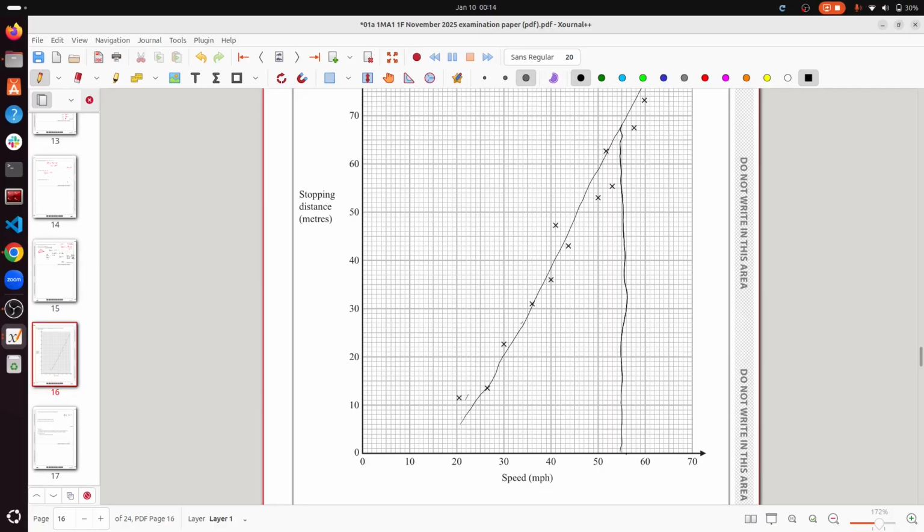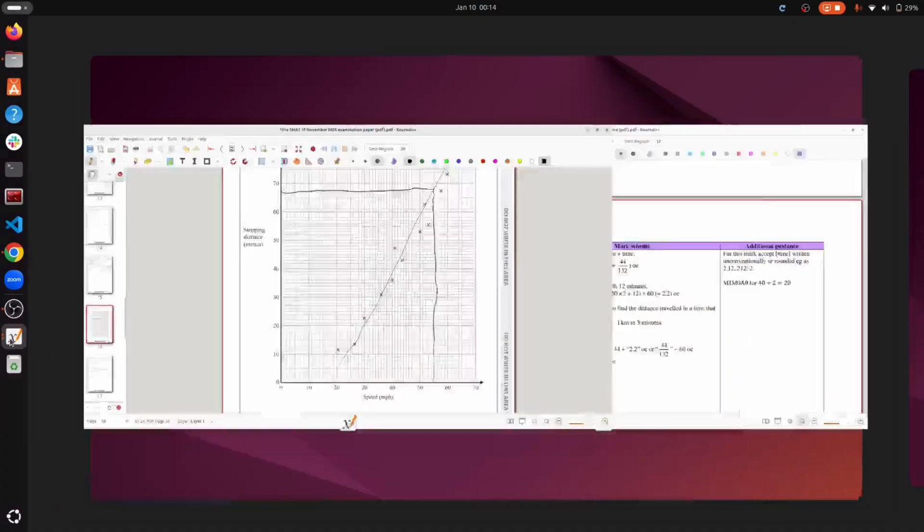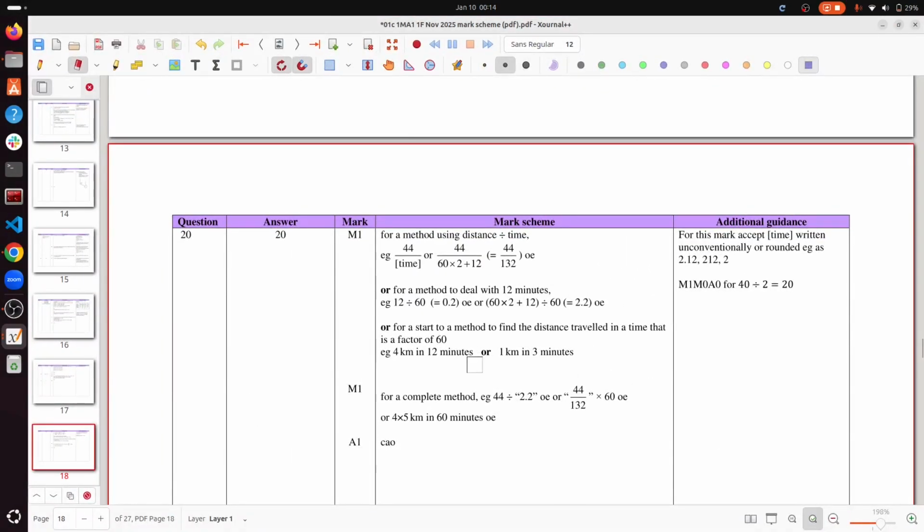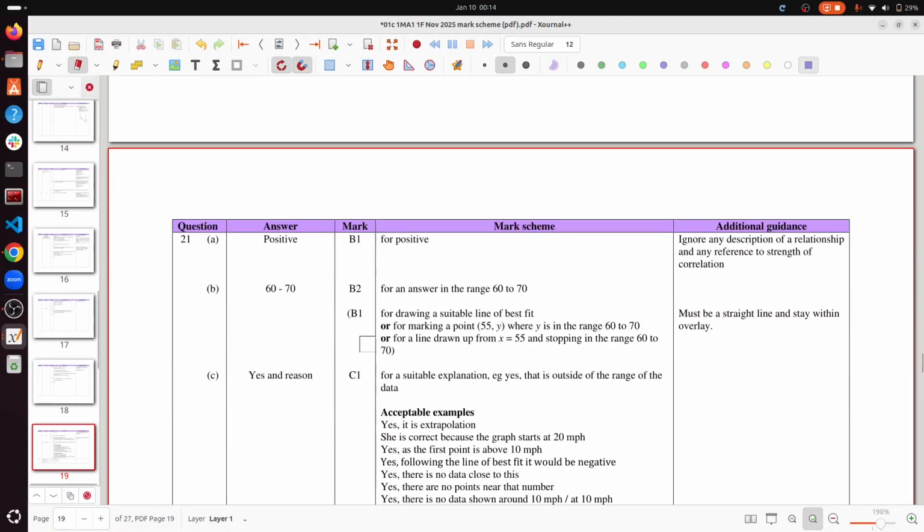Wherever point you use there, draw it back. So about 68. But for questions like this, you're going to have a range. So even if I've just done a freehand sketch, 68 is my answer. It should fall within the range. It might not be the most accurate one, but it should fall within it.